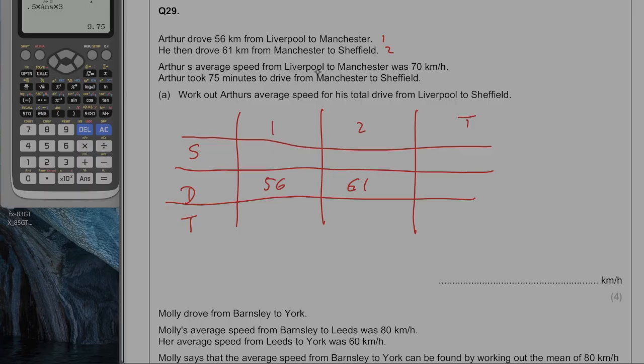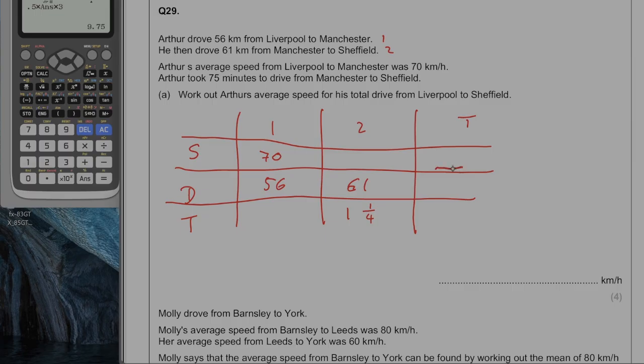Arthur's average speed from Liverpool to Manchester, that's stage 1, speed of 70. And Arthur took 75 minutes from Manchester to Sheffield, which is stage 2. So 75 minutes is an hour and 15, so 1 1/4 hours.